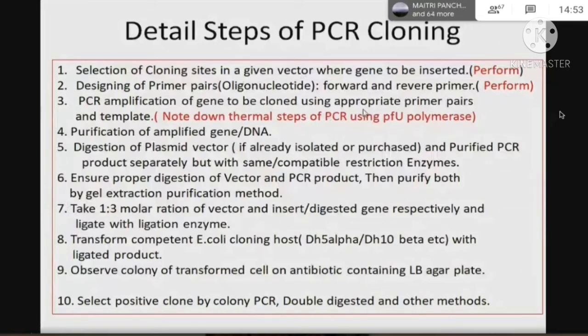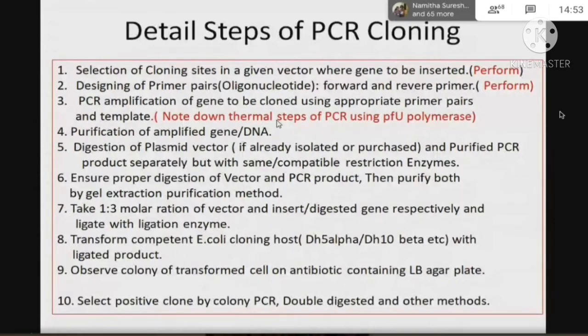So after PCR, what do we do? We purify that PCR product. We cannot use that PCR product directly. Generally we perform gel purification. After PCR amplification, we take some aliquot and run it on gel. If we find a specific band corresponding to your desired gene, then we just purify it.